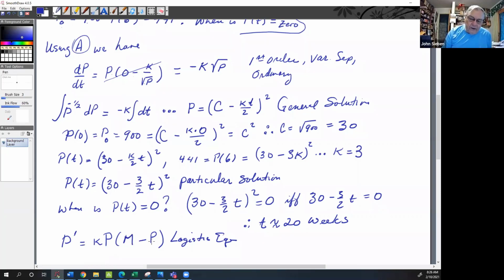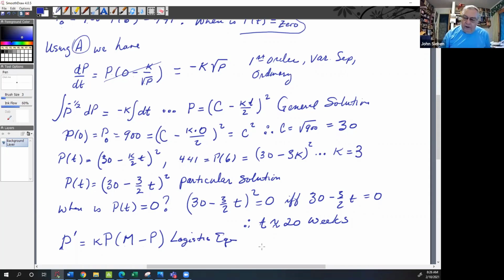As the population gets closer and closer to M, this parentheses gets smaller and smaller, and K and P are being dragged down by a fraction that gets smaller and smaller, meaning that P prime of T is going to be decreasing in the normal course of things.